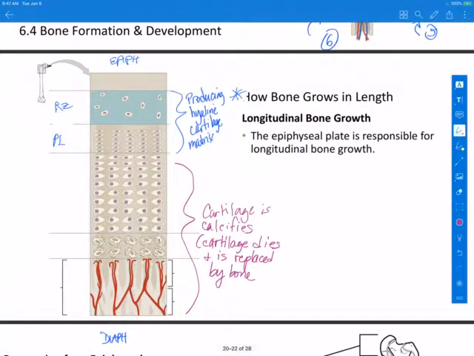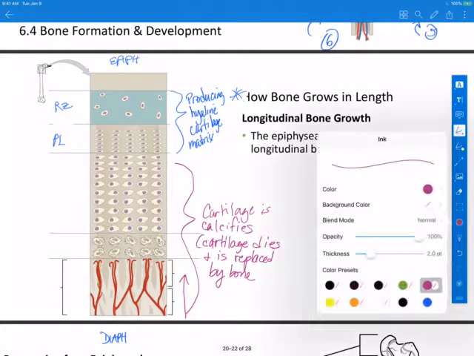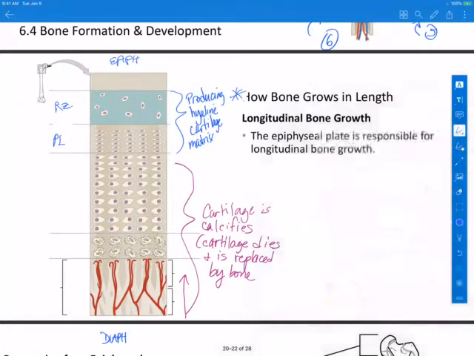So the diaphysis is getting longer because the bone is moving in this direction, and the cartilage is moving in this direction. And so that's how we lengthen the bone. The epiphyseal plate is essentially responsible for bone lengthening.